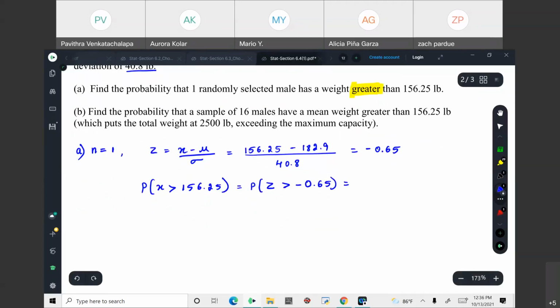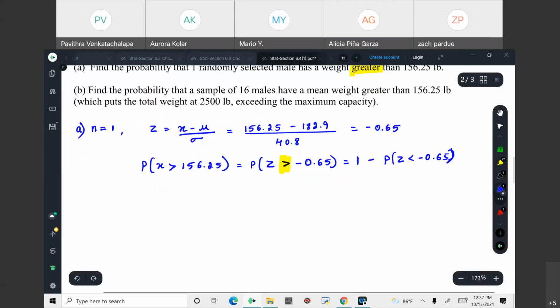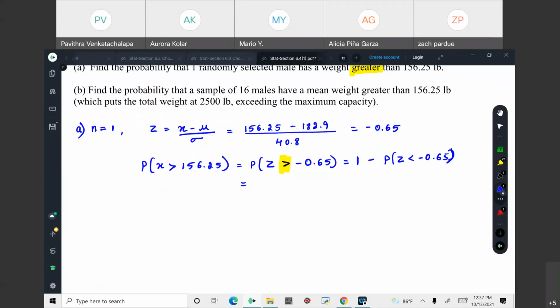So whenever you have this greater, you need to subtract the area from 1. So 1 minus P of z less than minus 0.65.